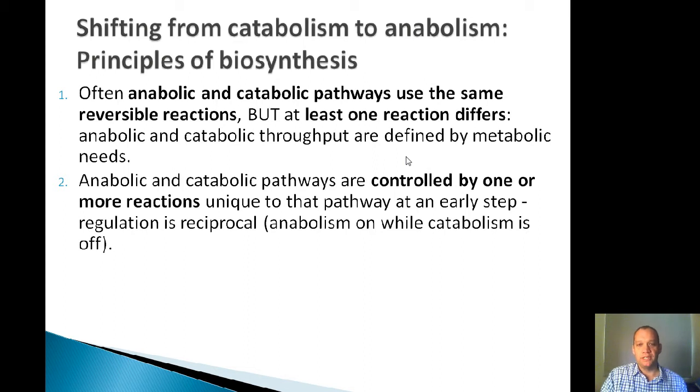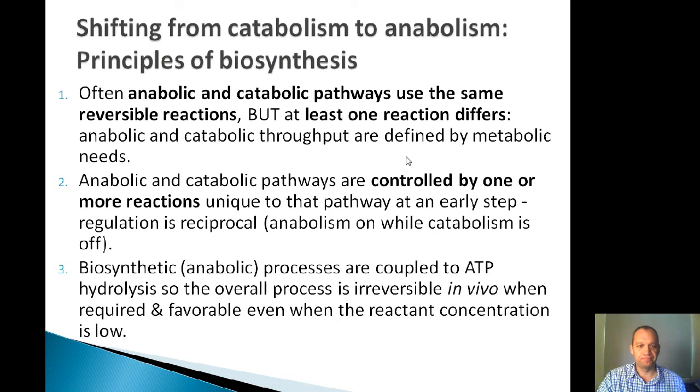But when we talk about amphibolic pathways, pathways which use some of the same enzymes to do either a catabolic or an anabolic process, we cannot have both of those processes switched on at the same time. Biosynthetic processes are often coupled to ATP hydrolysis so that the overall process is irreversible in vivo when required and favorable even when reactant concentration is low.